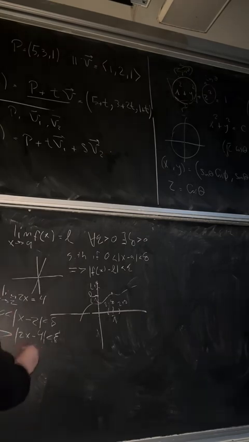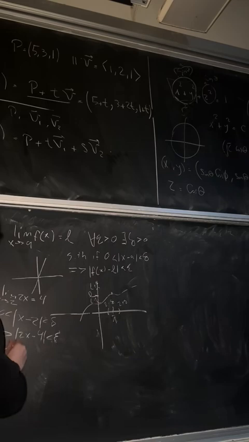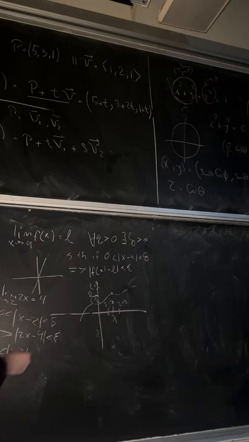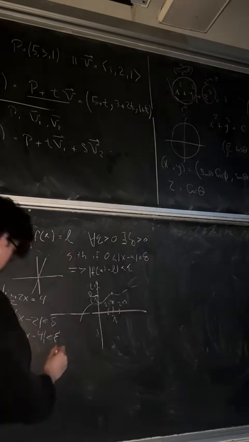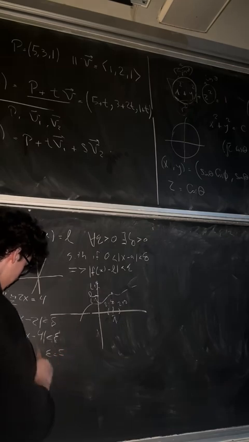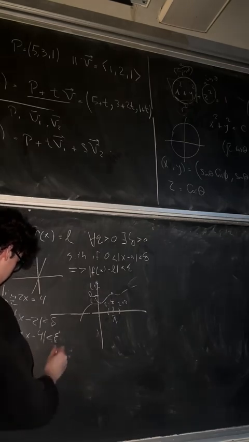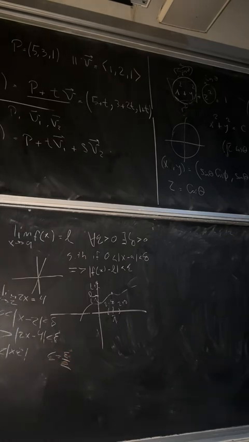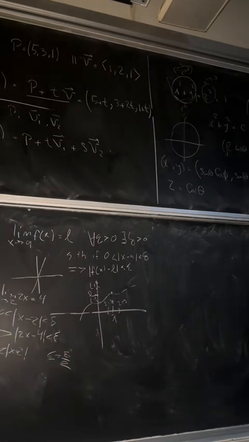So 2x minus 4 is the same as 2 times the absolute value of x minus 2. And we know that this is less than delta. So if we let epsilon equal delta over 2, or sorry, if we let delta equal epsilon over 2, then we know that this is true. So yeah.